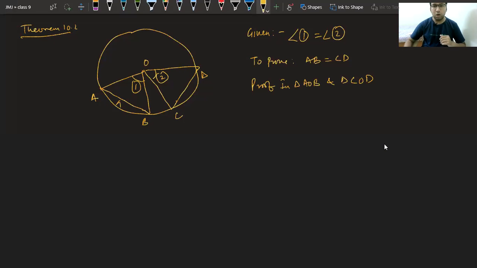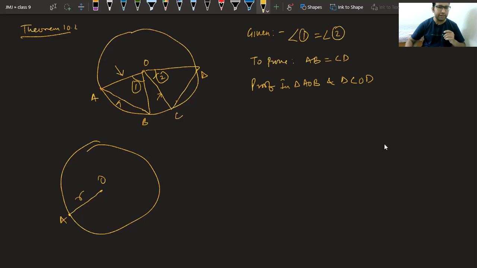Okay. Now, the first thing we can observe is that AO is equal to OC. Someone was asking yesterday, I guess Tanay was asking, sir, how can you say OA is equal to OC? Tanay, beta, you can observe that the line joining any point on the circle to the center is known as a radius.